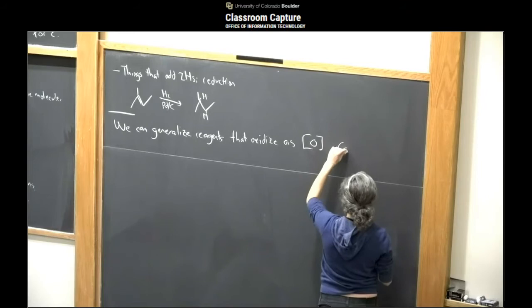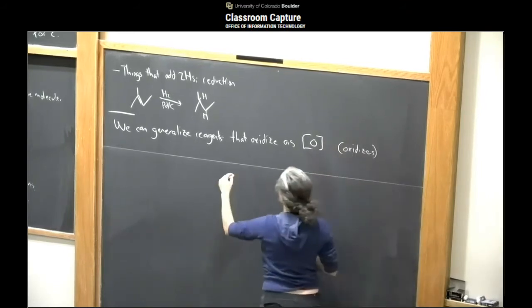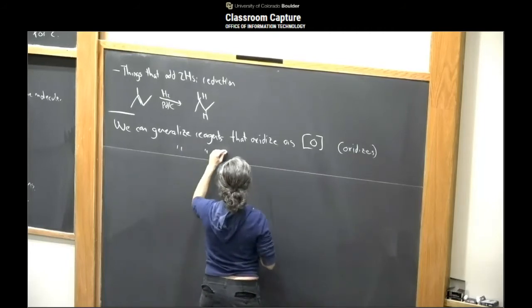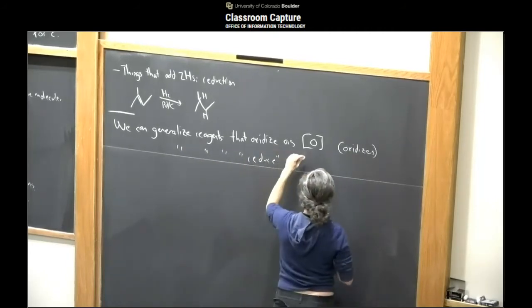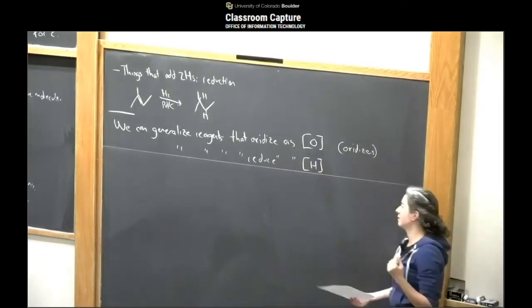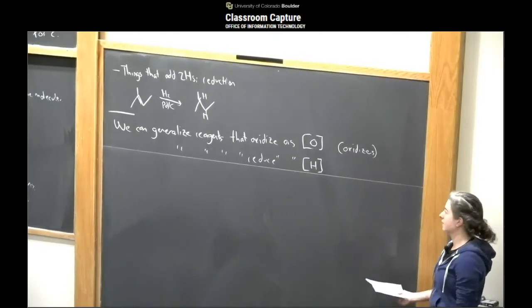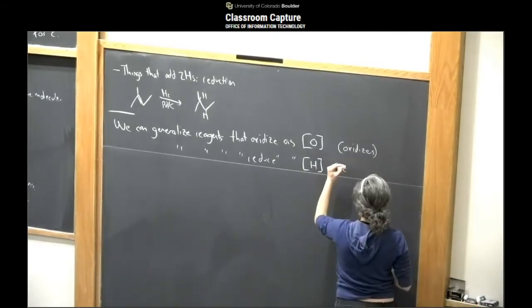So these are oxidizers. And we can do the same for things that reduce as H in square brackets, because these are the most common more and less electronegative atoms, respectively, that you would see on a carbon. So these are reducers, or reducing agents.